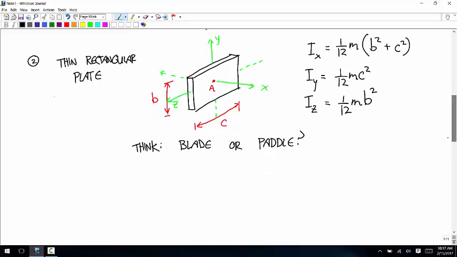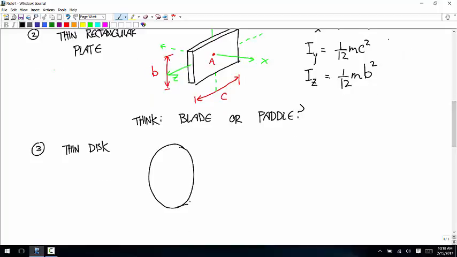Next one is a thin disc. It's a circular disk, but this is supposed to look three-dimensional.